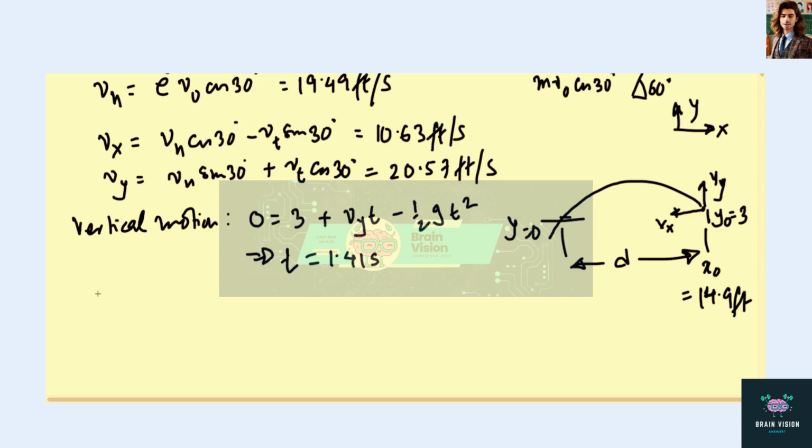So we find that the total distance traveled is Vx times t plus the x naught. So basically, this distance is d and this distance is x naught.